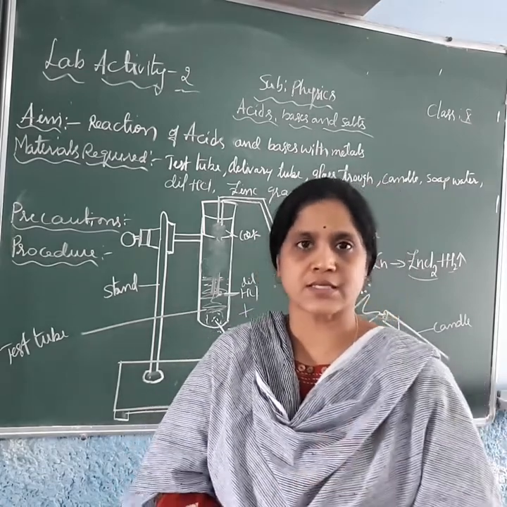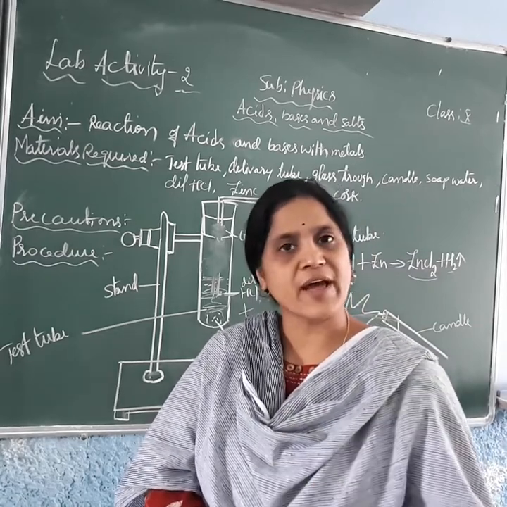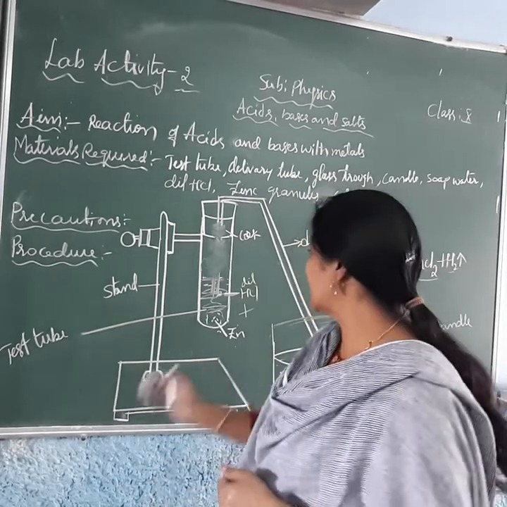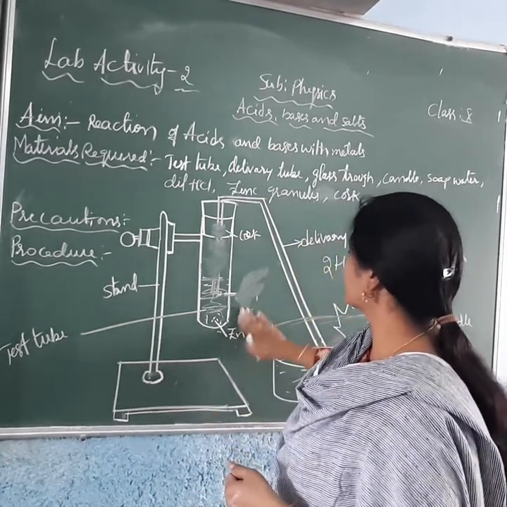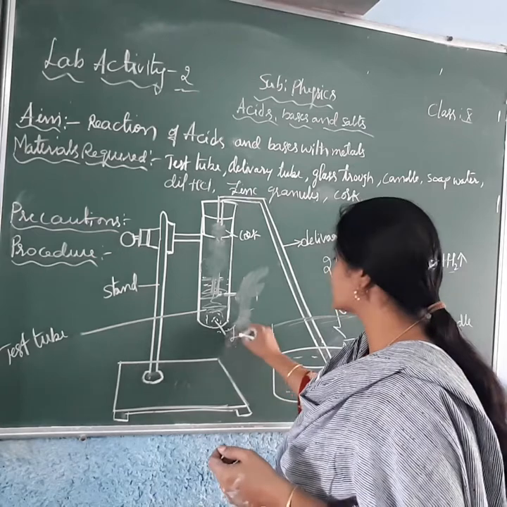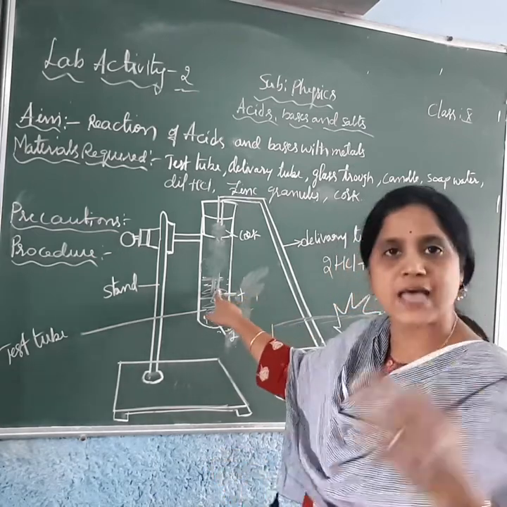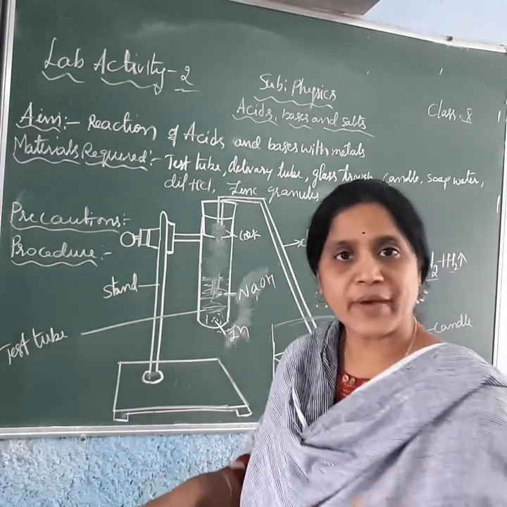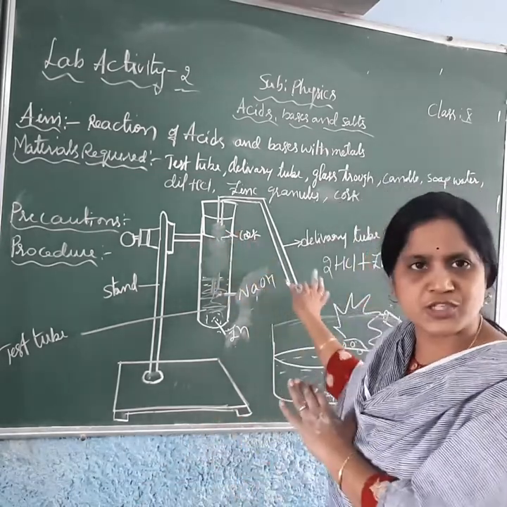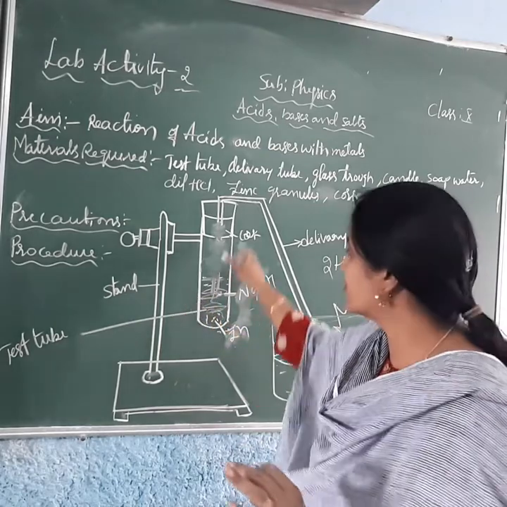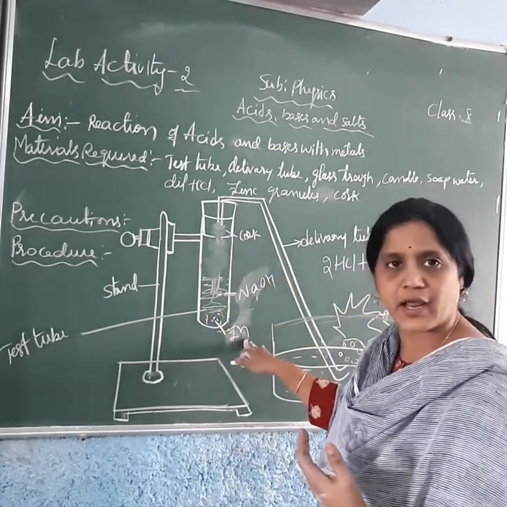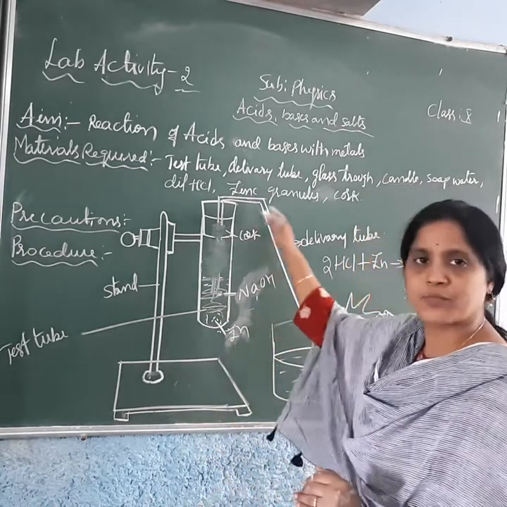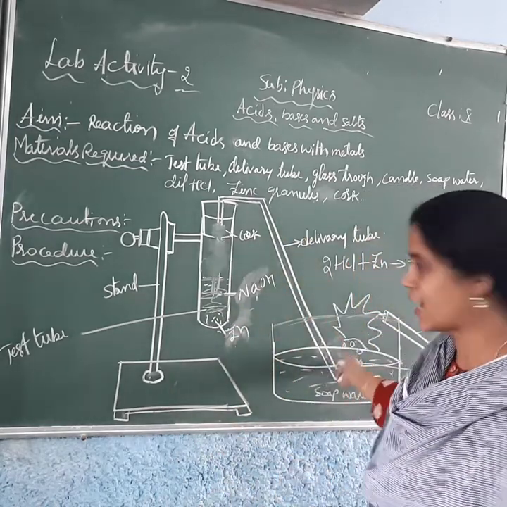Now we discussed the acids. Now coming to the bases. Do all the bases react with metals and liberate hydrogen gas? Let us see. We take zinc metal only, but instead of the acid, we take a base, sodium hydroxide, in the same arrangement. Add the zinc granules and close it, and after some time you will get bubbles.